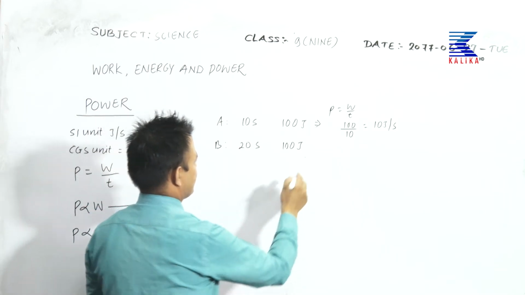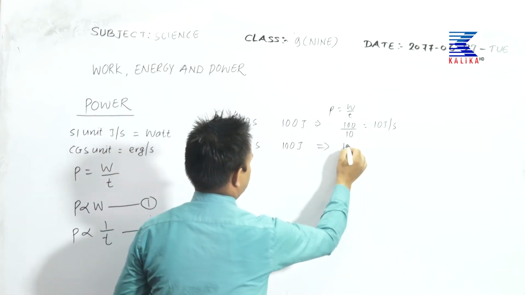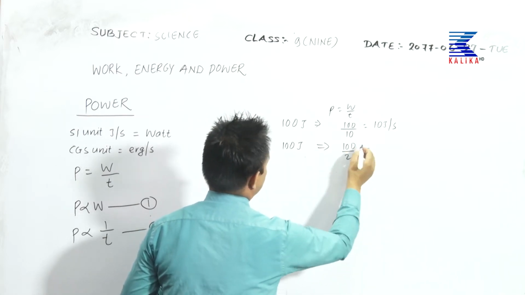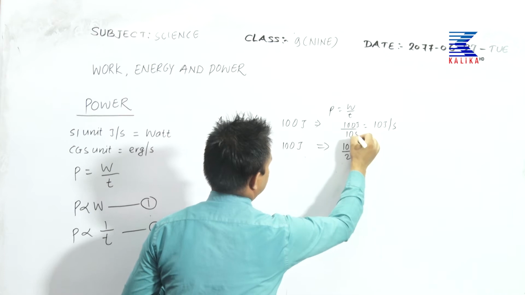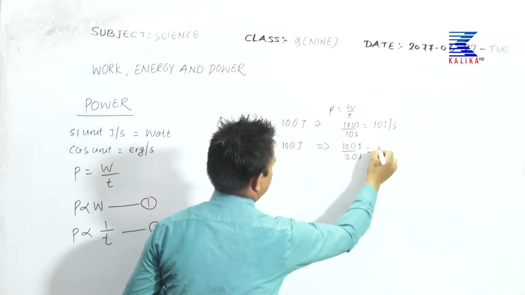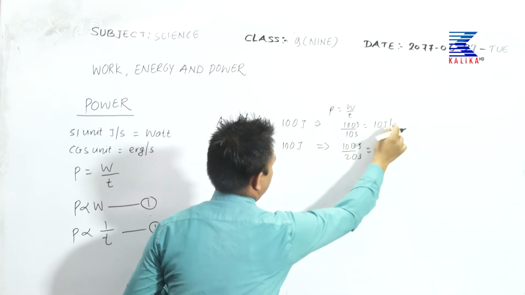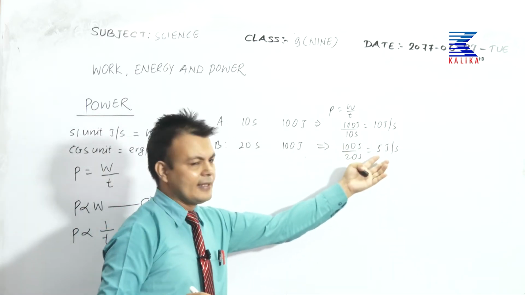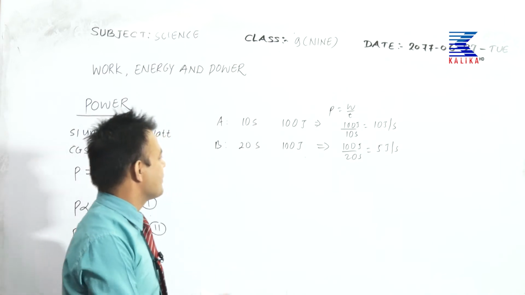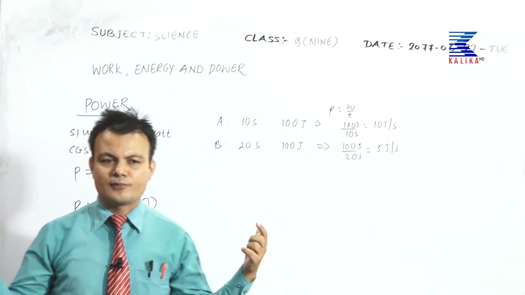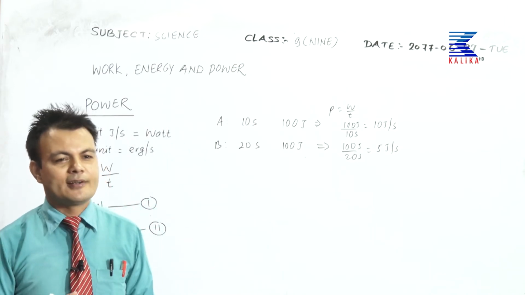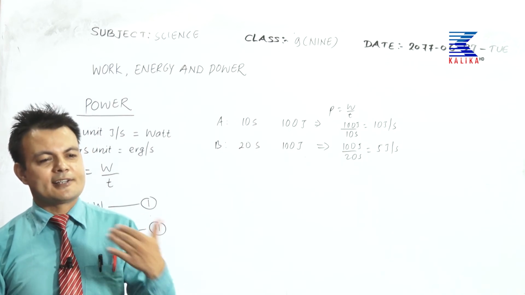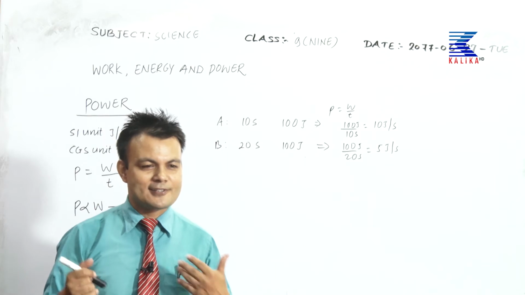For the other, 100 divided by 20, that's joule and second, 5 joule per second, or 5 watt. That's why more time, less power. One machine taking more time to accomplish that work has less power. Another machine taking less time to accomplish that work has more power.